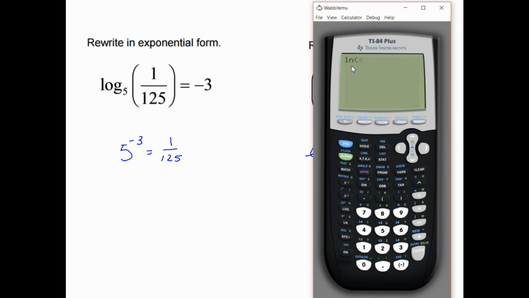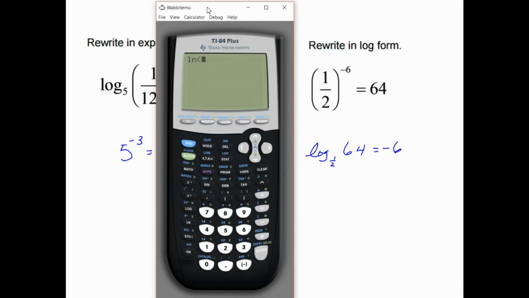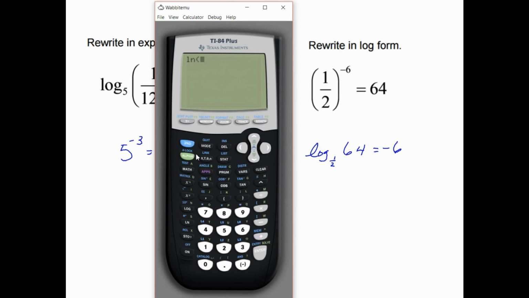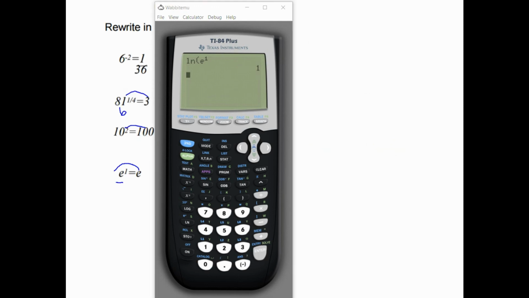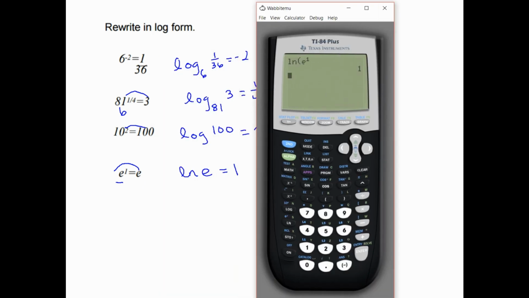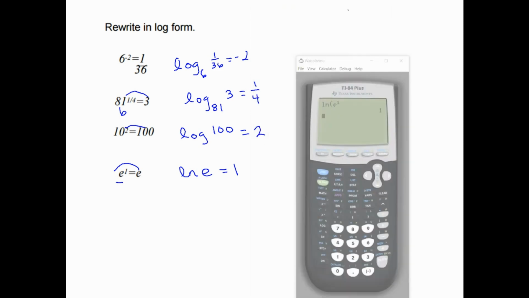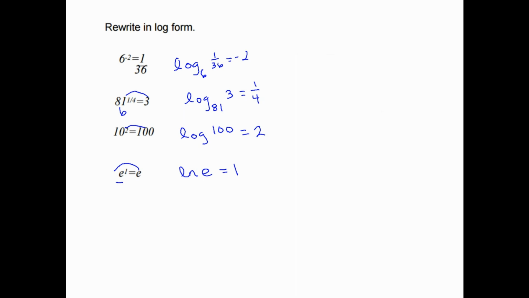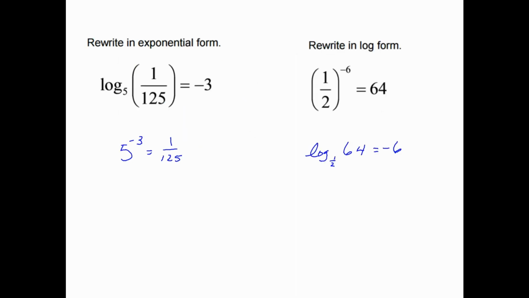And again, the base for natural log is going to be e. So if I type in natural log of e to the first power, which is a problem we had earlier, we got 1. So we're showing how you can see those things on your calculator as well.